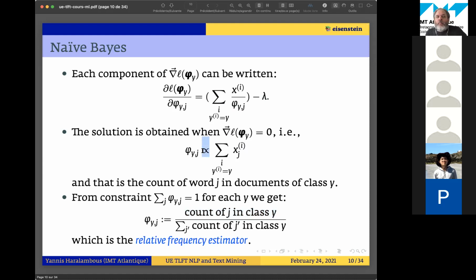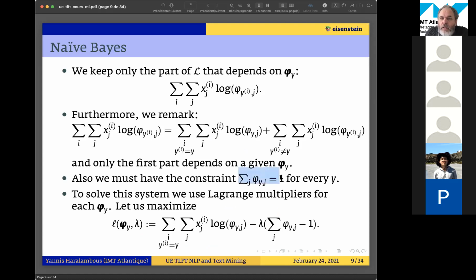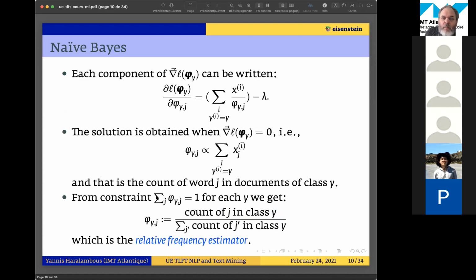Now, proportionality is not enough, but we do have another piece of information, which I used already here, saying that the sum of all the phi yj is equal to 1. So this is part of our model. This means that to get the exact value of phi yj, I just need to divide by the sum of all the phi yj for all j's.